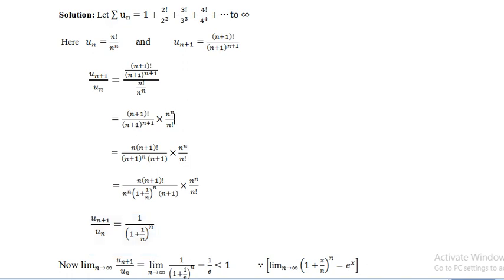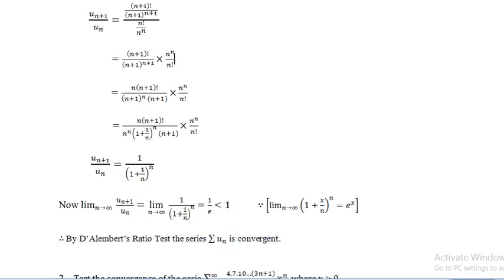Now we will take the limit on both sides with n tends to infinity. Left hand side, limit as n tends to infinity of u(n+1) by u(n). Similarly, right hand side, limit as n tends to infinity.